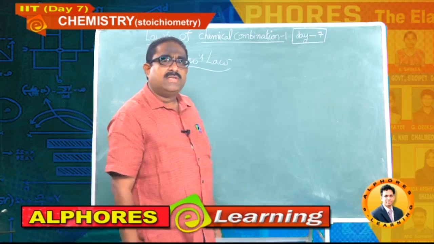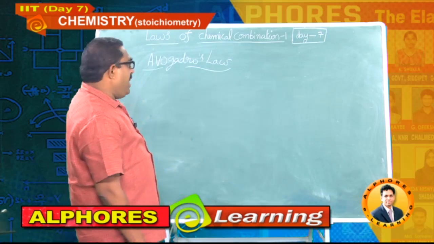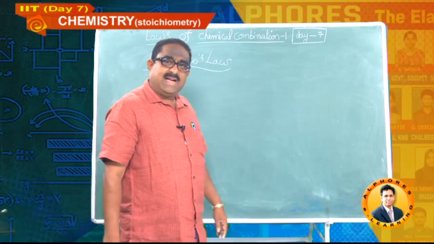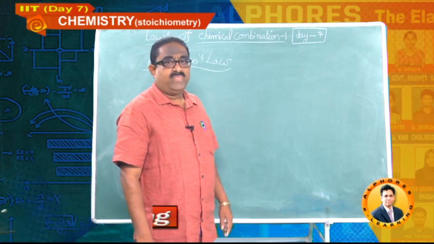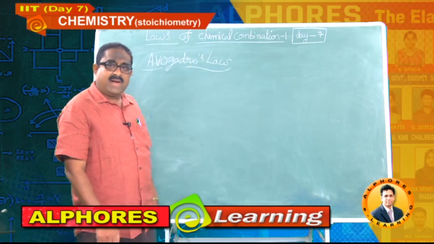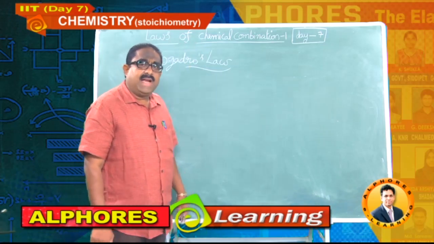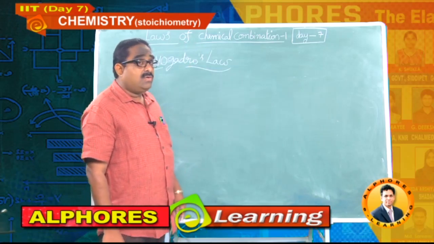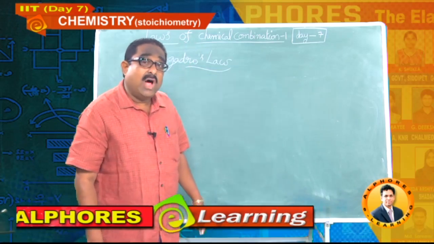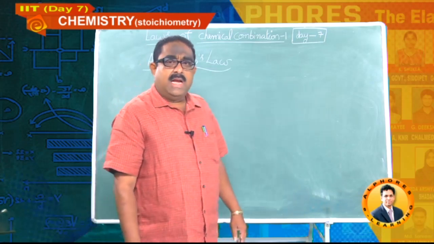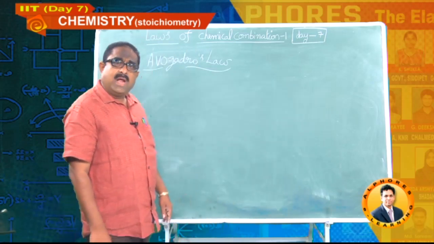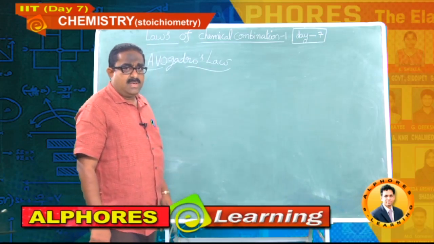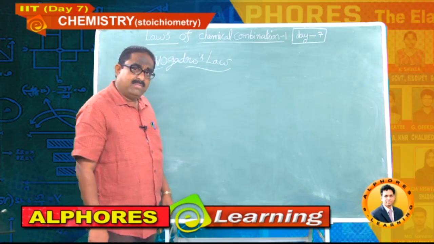It means to apply this Avogadro law for different gases, those gases should be present at constant temperature and pressure, and you have to take equal volumes. Then the number of moles or molecules present in those gas samples are the same.